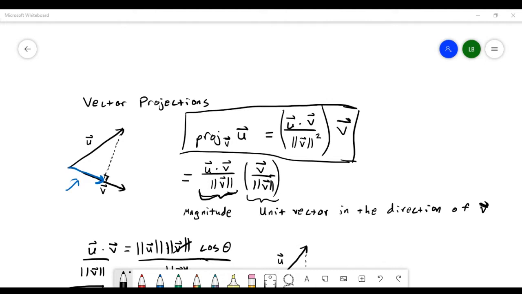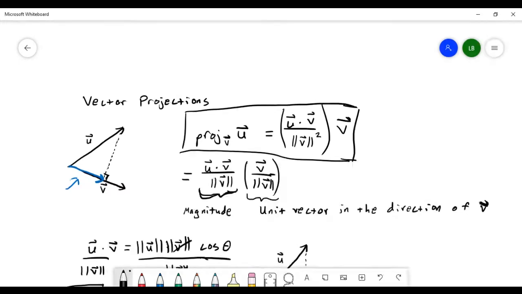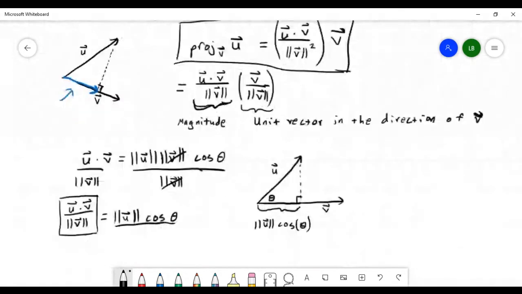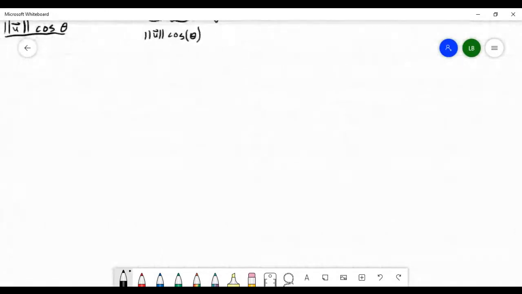All right. Let's go ahead and do an example, since I think if you have any questions, that might clarify things. So let's say we have u equals 10, 24, and v equals 3, 4.